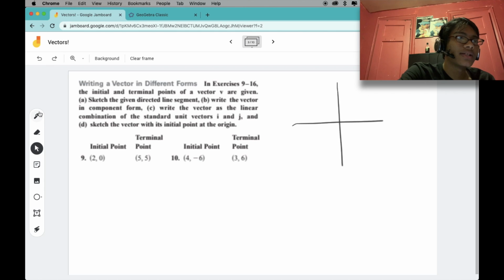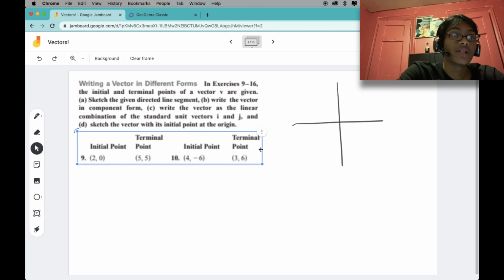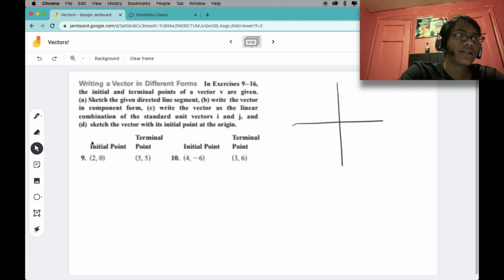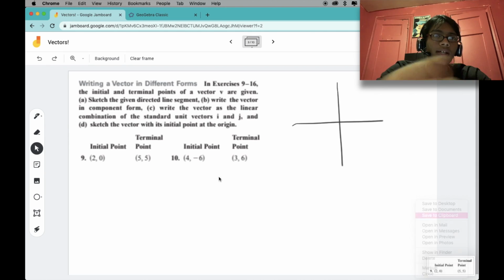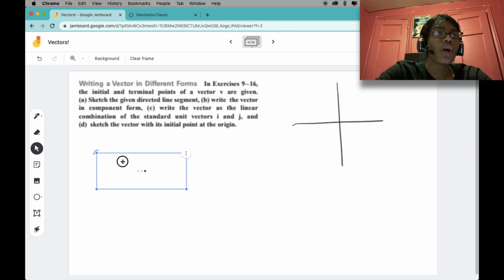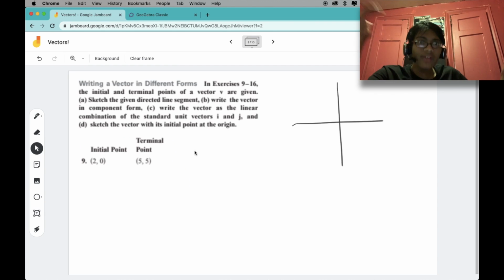We can disregard question number 10, we're not going to need it for now. So let's just take question 9, ladies and gentlemen. For question 9, we're given the initial and terminal point of a vector, and what we need to do is show how that vector looks on the xy axis.